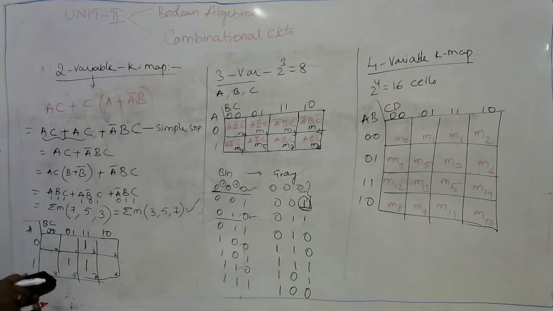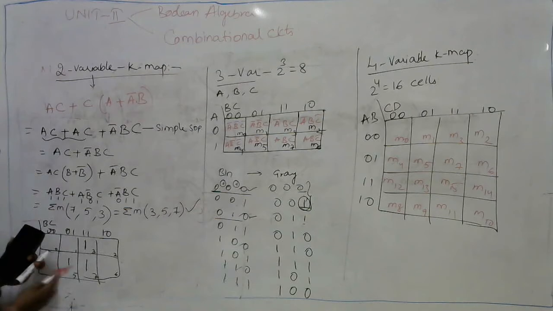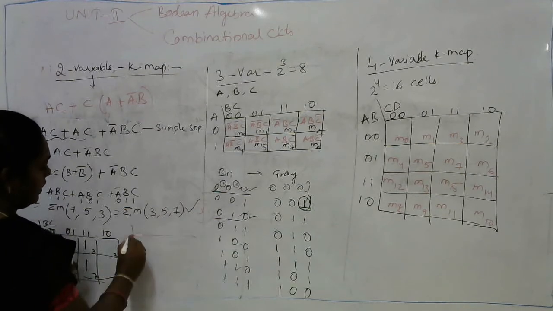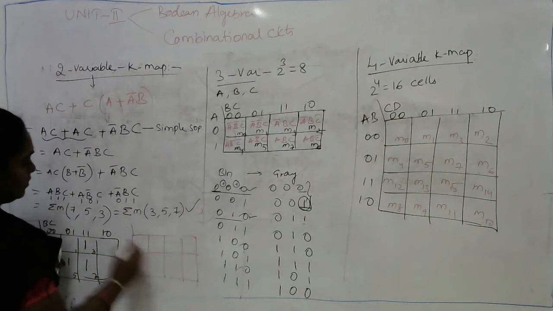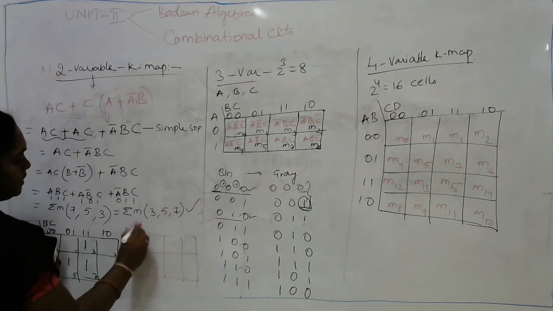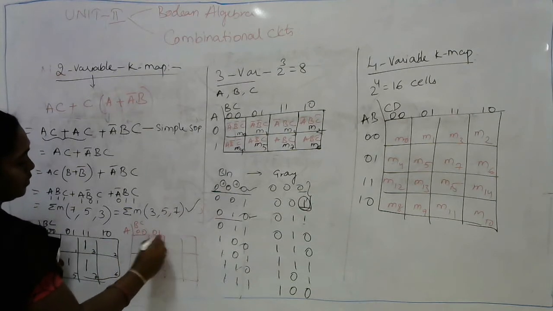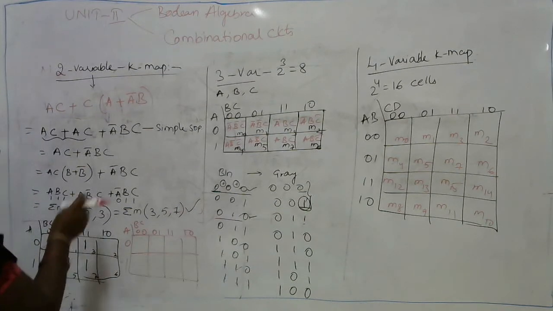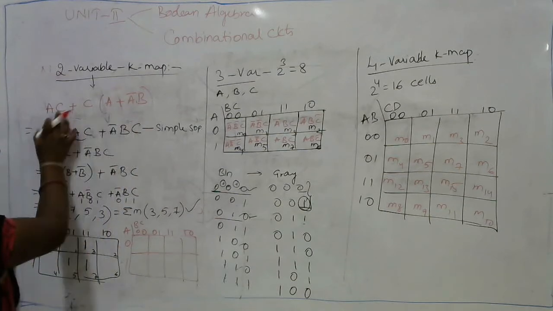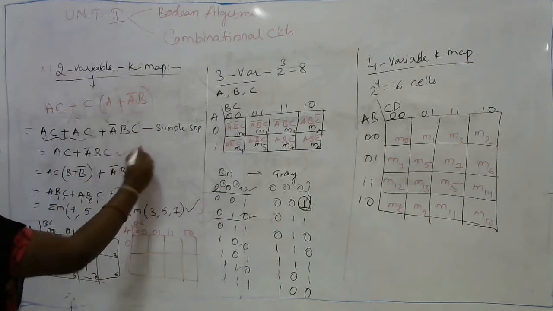The other way is to directly draw the K map from the expression itself. This is A, this is BC, 0, 0, 0, 1, 1, 1, 1, 0, this is 0 and 1. The first thing is we need to expand this and do it till this point.